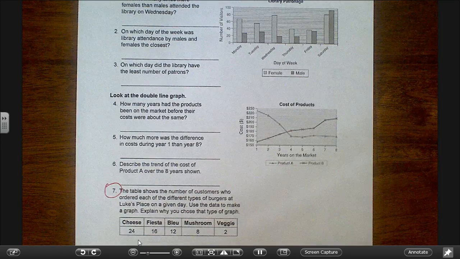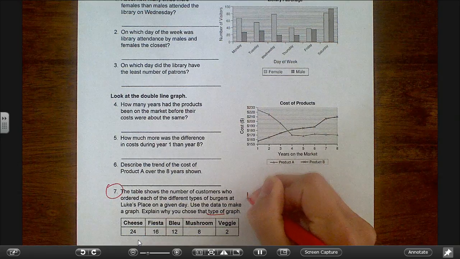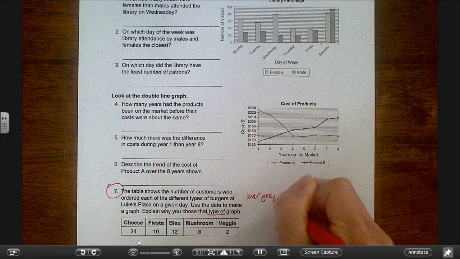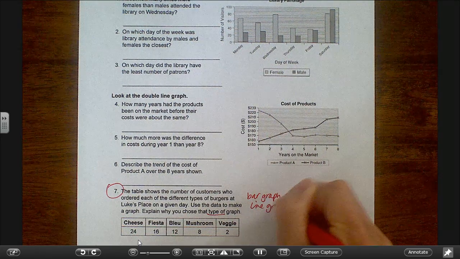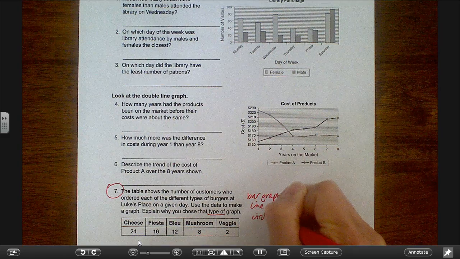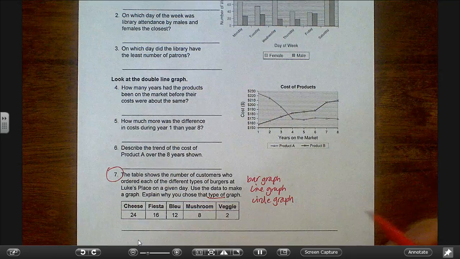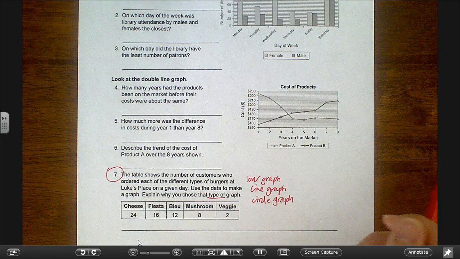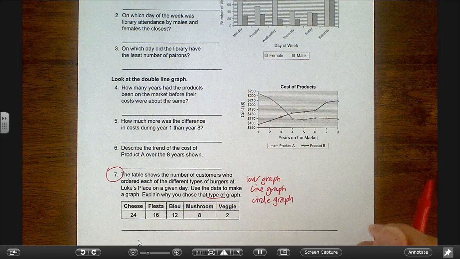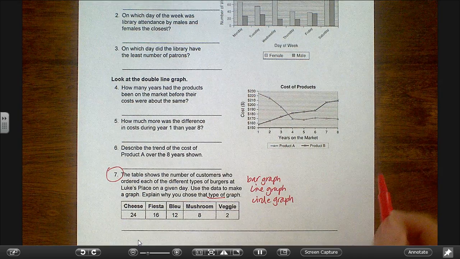Create a graph and choose which type of graph, meaning a bar graph, line graph, or a circle graph. And if you're doing a circle graph, you have to be super accurate with it, but try to be as accurate as you can.